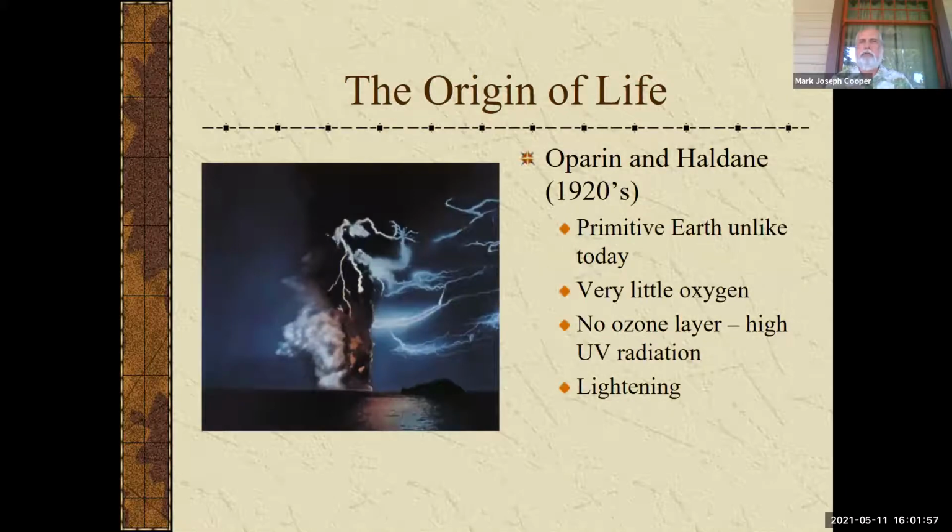And so there have been studies done trying to explain how life could come up on this planet. The one I want you to know here in the 20s is by Oparin and Haldane, two chemists. And what they discovered is that the Earth today is quite a bit different than the Earth back then. So there was very little oxygen.